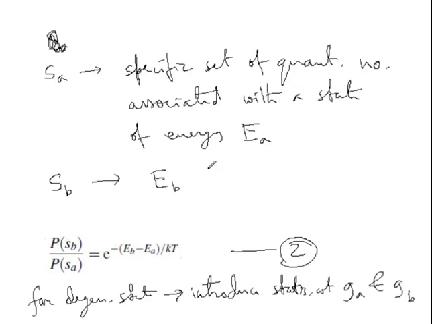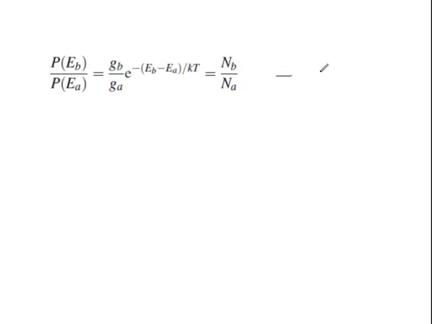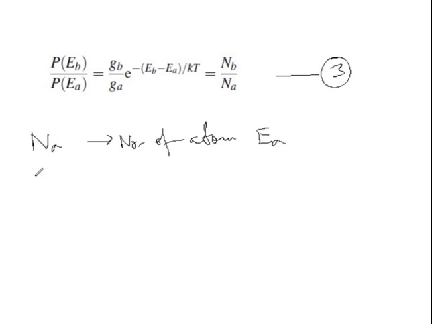And so this probability ratio basically becomes like this, equation 3, where N_a is the number of atoms with energy E_a, right? And same for N_b, number of atoms with energy E_b.